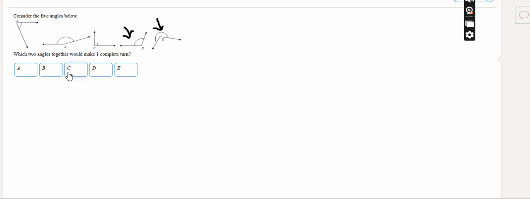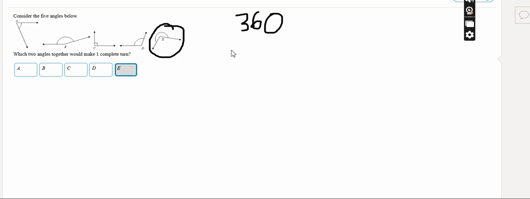Let's go here. Which two angles together make one complete turn? Now, how will you know how to make the complete turn? First of all, you know that a complete turn means 360. We want a big angle and a smaller angle. So an angle that's more than 180, that is going to be E, and an angle that is a bit smaller, so it completes the 360 degrees.